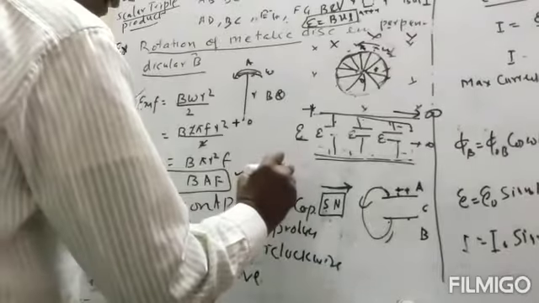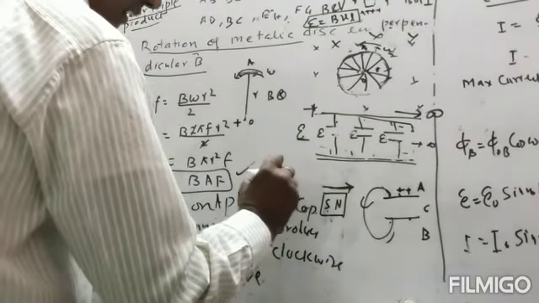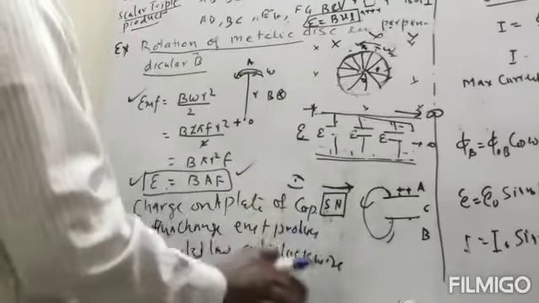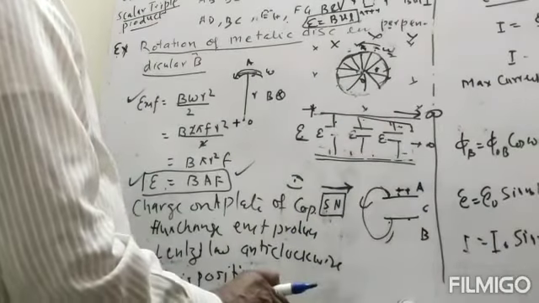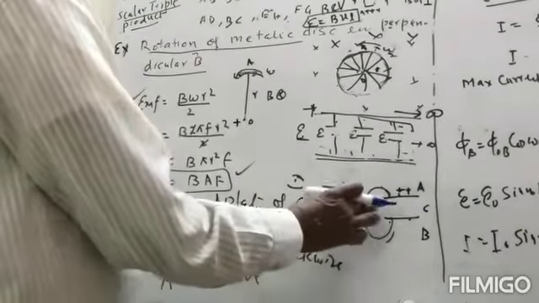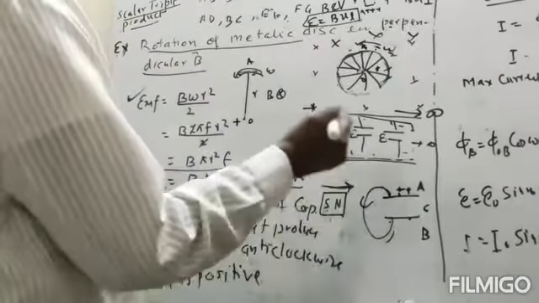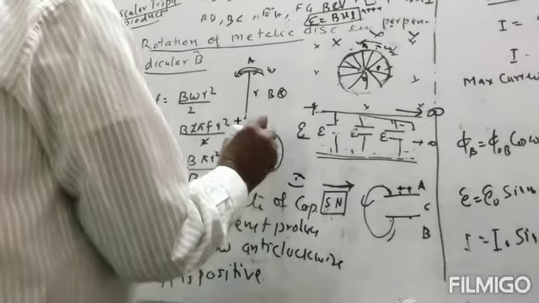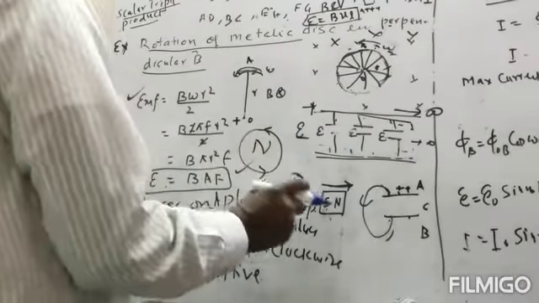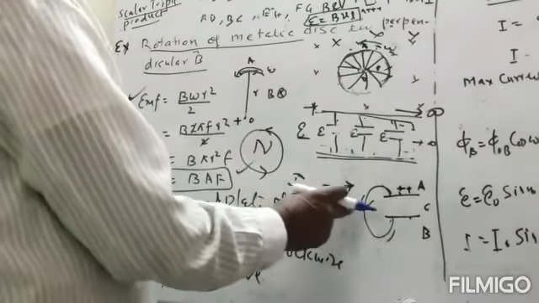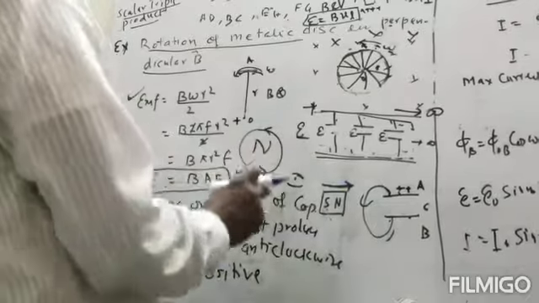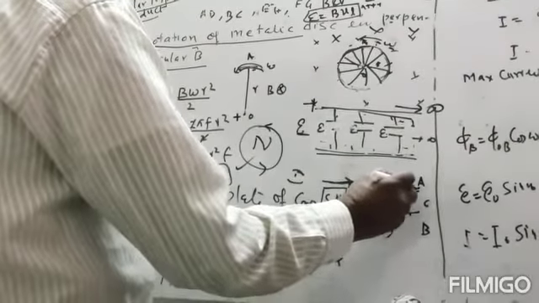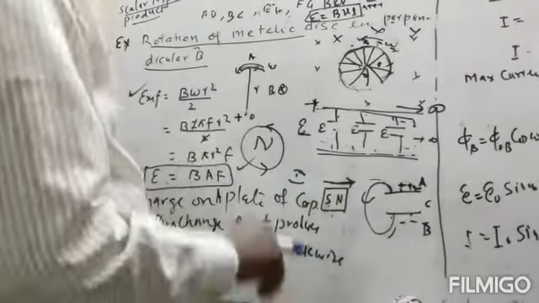If you look from the magnet side, this will be the N side. N will be repelled by N, so it will be anti-clockwise. So current will flow this way, so plate A will be positive and plate B will be negative.